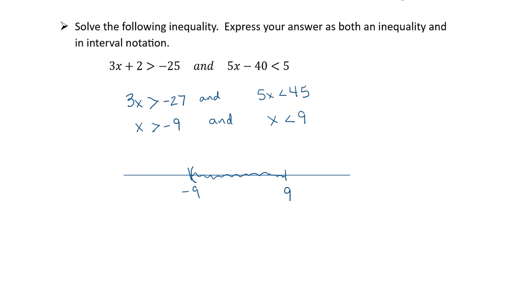And we won't include our endpoints here because these are strict inequalities. And in interval notation, we have -9 to 9. You'll notice the directions didn't ask for a graph, but I did one because this is the way that you're going to picture what the solution set is so that you can get it into your interval notation form.